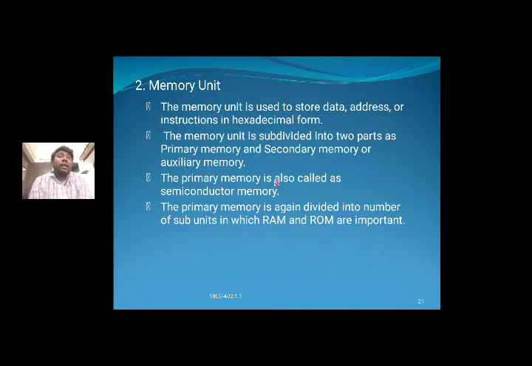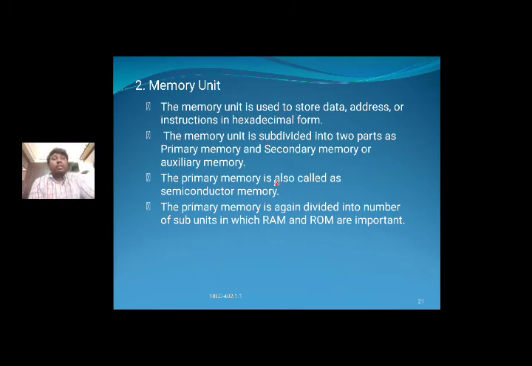The primary memory is also called the semiconductor memory. The primary memory is again divided into two subunits, RAM and ROM: random access memory and read-only memory.